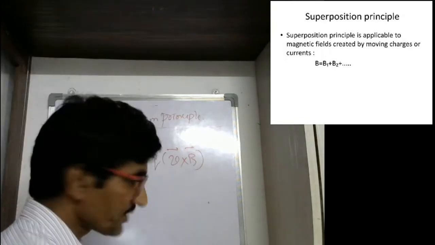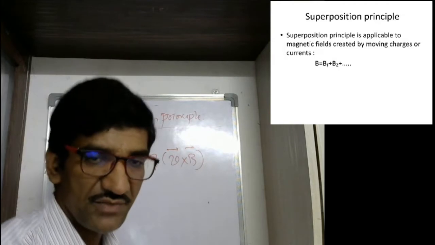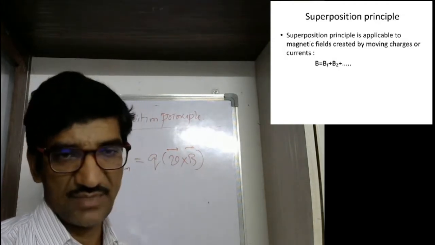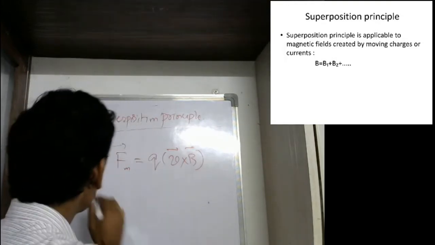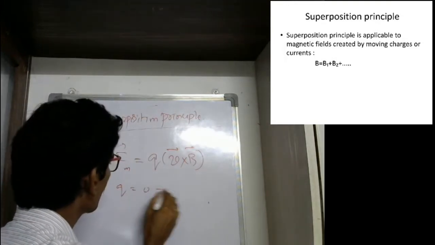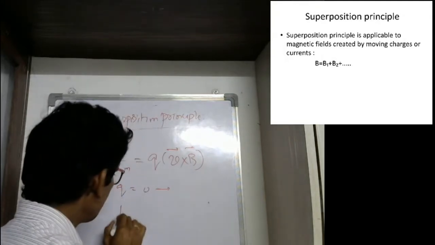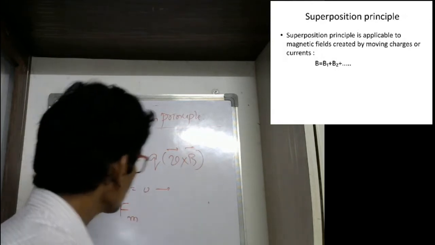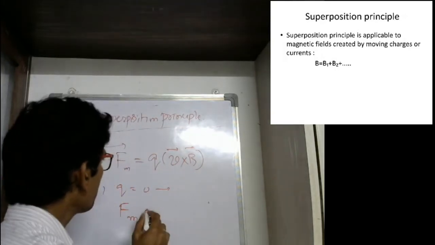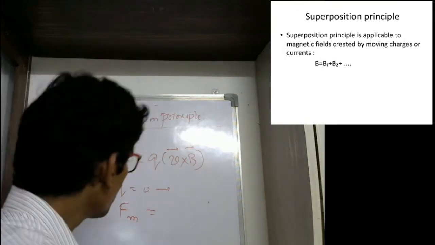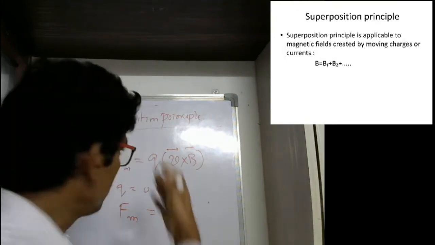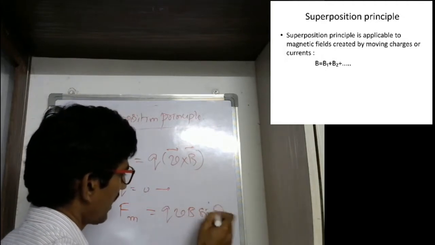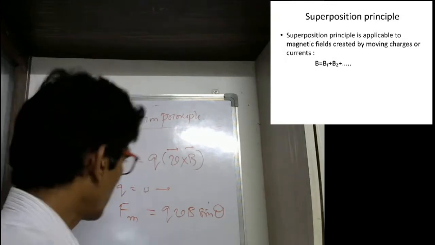Here we assumed some special cases in the previous class. In today's class, let us take some other assumptions. Whenever you make q equal to 0, what happens then? If you place a neutral particle in the magnetic field, then what happens? Taking the magnitude formula, Fm is equal to q v B sine theta.